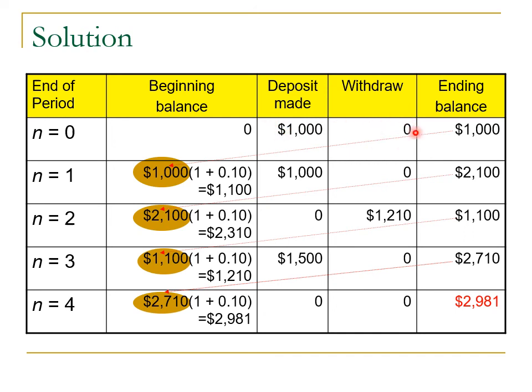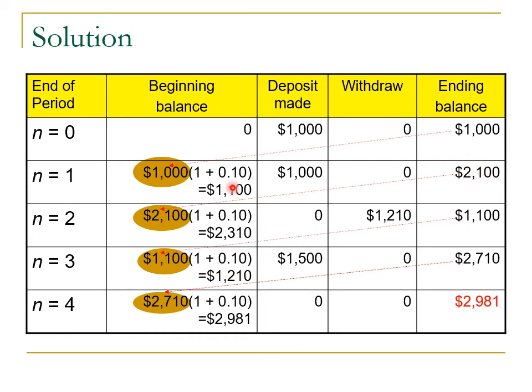Okay, we don't withdraw anything, and at the end of year one, this $1,000 earns an interest of 10%, and it becomes 1,100. We also make an additional $1,000 deposit, so the total amount will be the sum of these two. We don't have any withdrawals, so the total amount will be the sum.